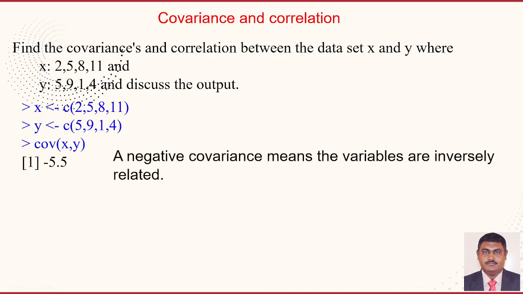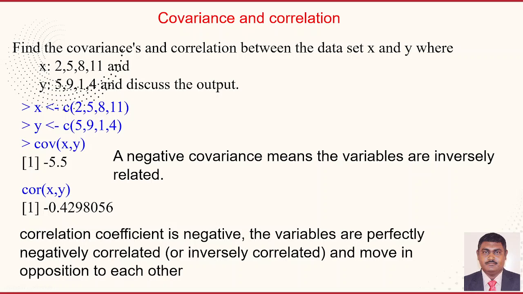So a negative covariance means the variables are inversely related. And the correlation, that is cor(x, y), you can obtain here. Once you enter it, minus 0.4298056 is obtained. So the correlation coefficient is negative, and the variables are negatively correlated and move in opposite directions to each other.